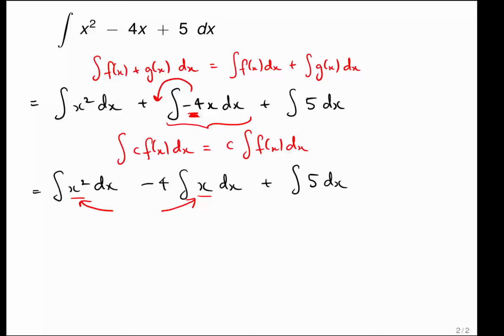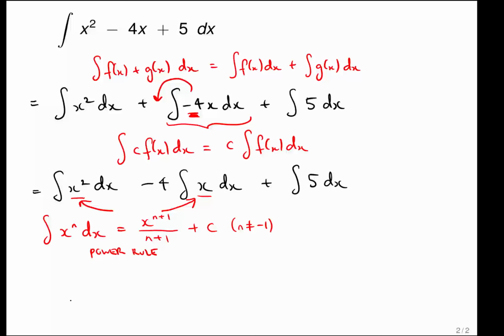Here, the integral of a power function, x to the n, involves first adding 1 to the power, and then dividing by this new power. As a procedure, this is exactly the opposite of the power rule for differentiation.